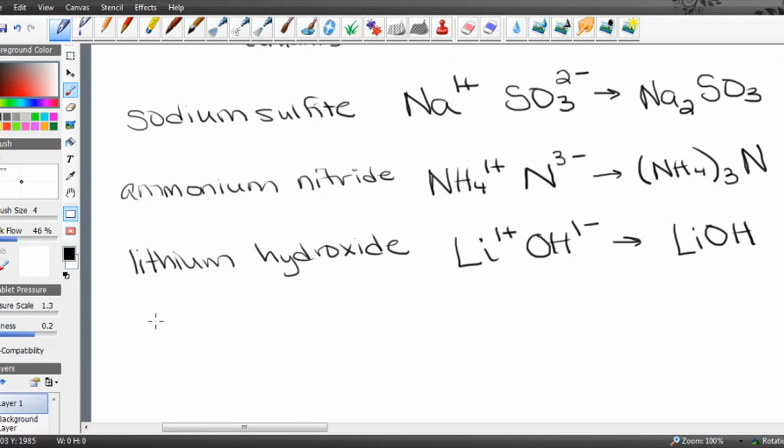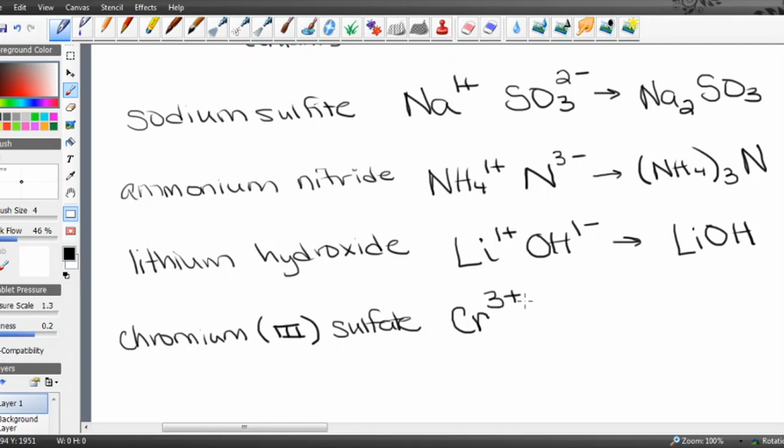Let's say I'm using chromium, Roman numeral 3, and the polyatomic ion sulfate. So yes, there's such a thing as sulfite, and there's such a thing as sulfate. Write the ion, chromium, and the charge that it makes. The Roman numeral tells me it's going to be a 3 plus.